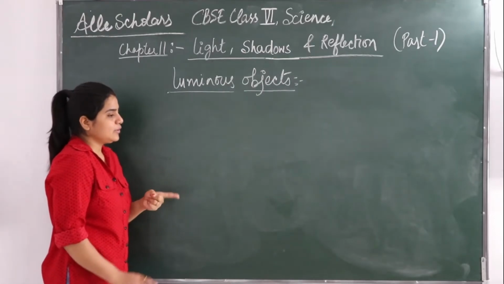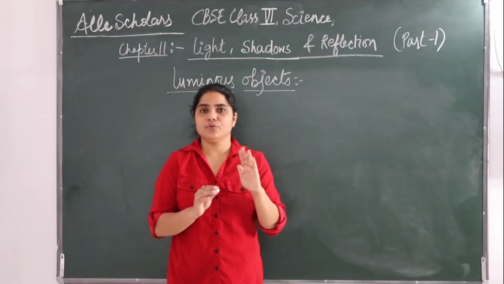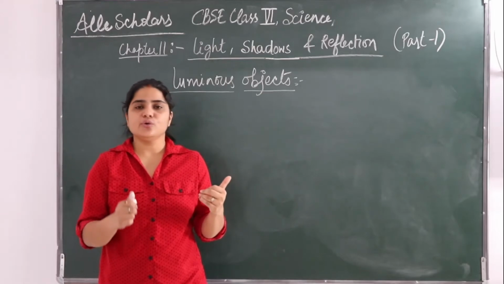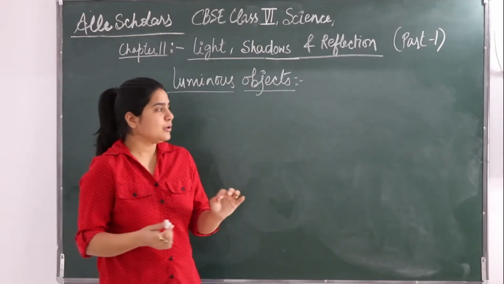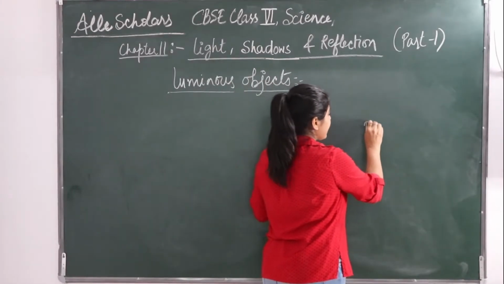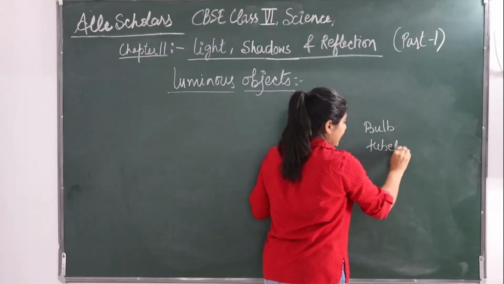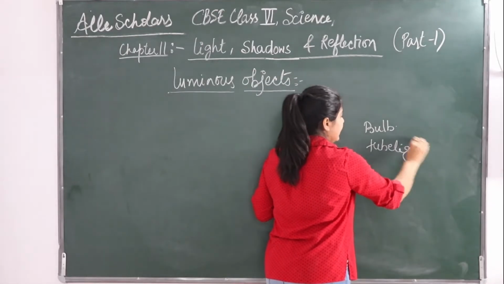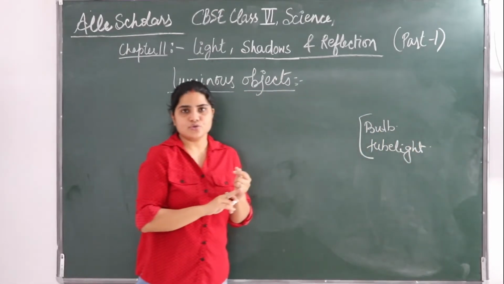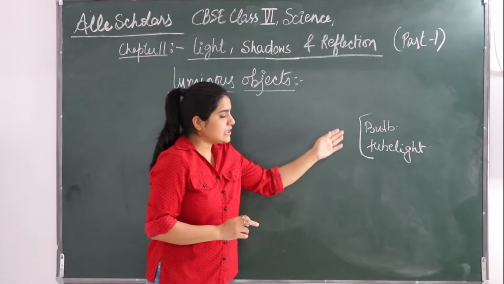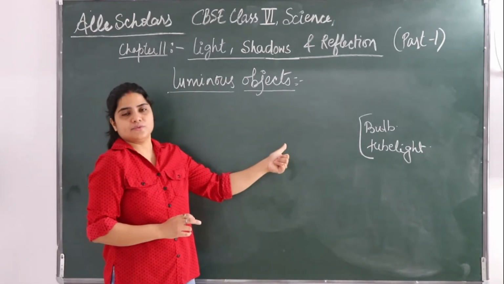One thing I would like to clear up is, don't be confused between man-made and natural sources of light and luminous and non-luminous objects, because we have seen that the bulb and tube light are not natural sources. They are man-made sources of light, but these two are luminous objects.